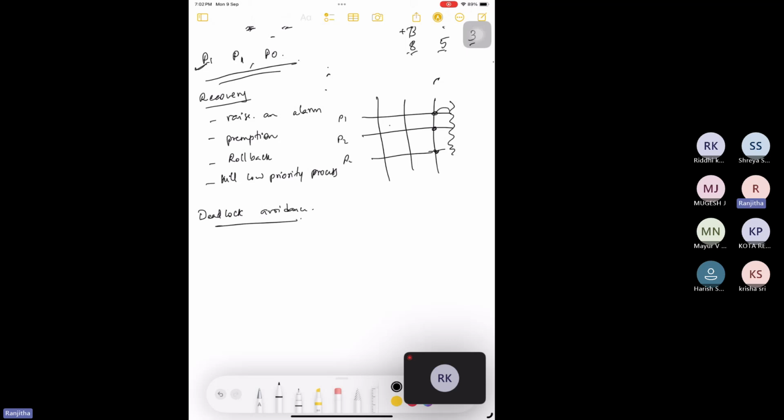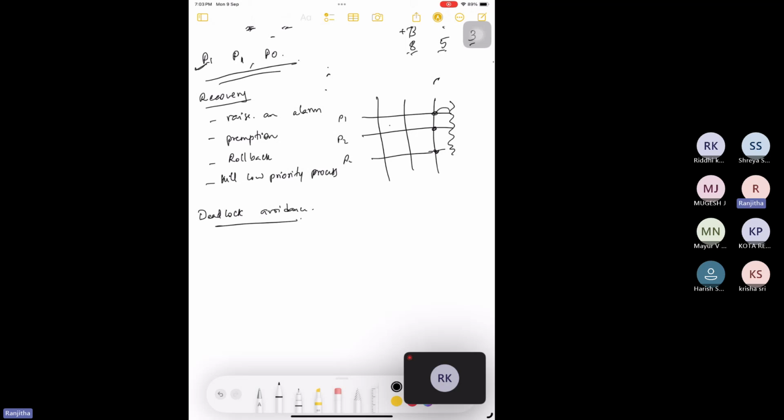For every request, the system state is looked at, and if a particular resource request takes the system to an unsafe state, then we try to avoid it. So that is about deadlock avoidance.